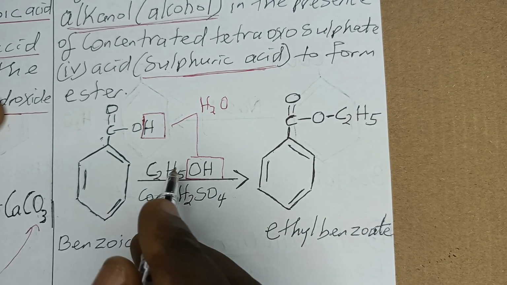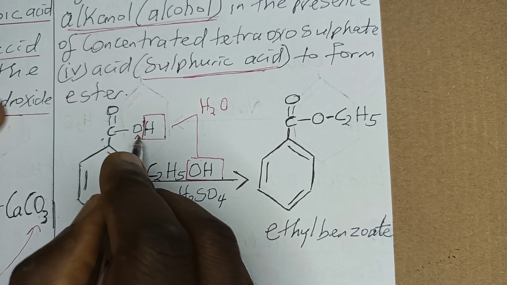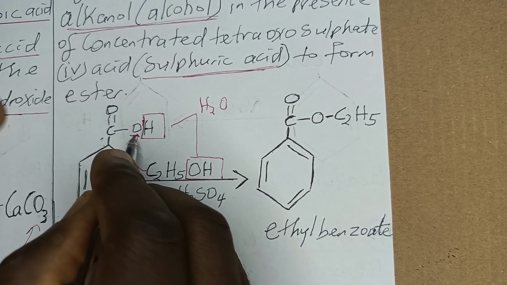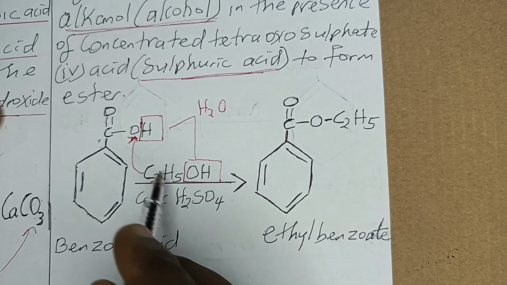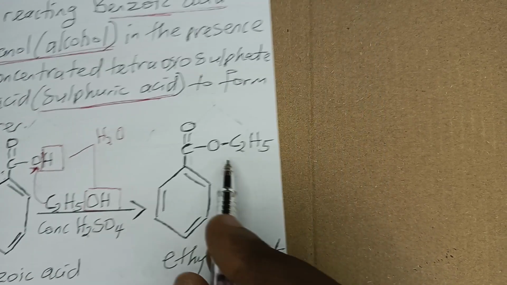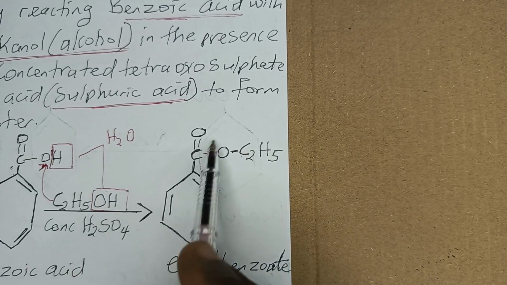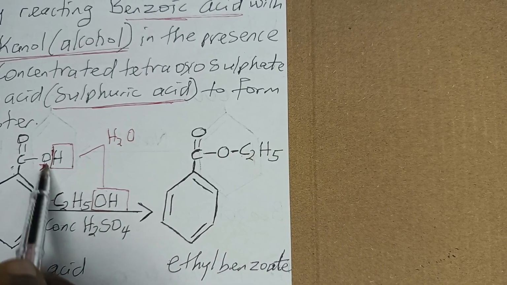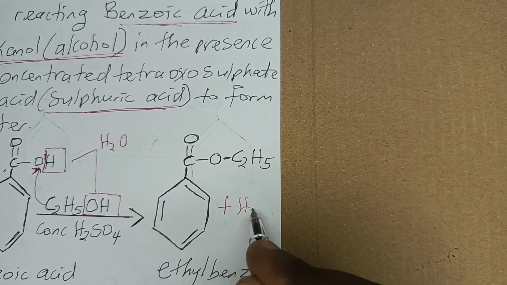When water has been formed, this now comes to attach itself here. So in natural sense, when this one comes here, it becomes this. So you can see, C2H5 attached here, and water as a byproduct.